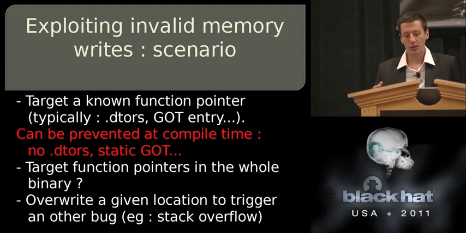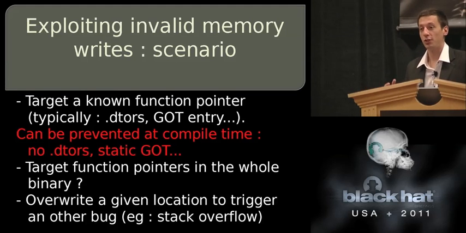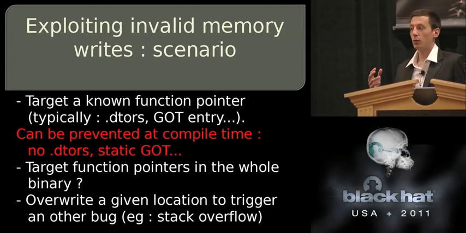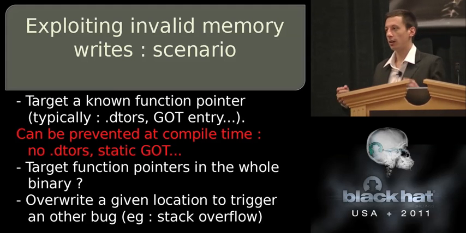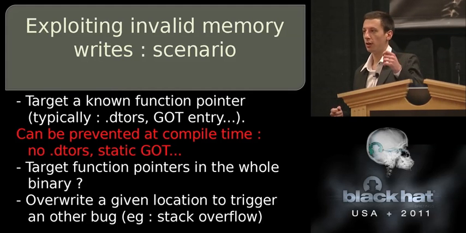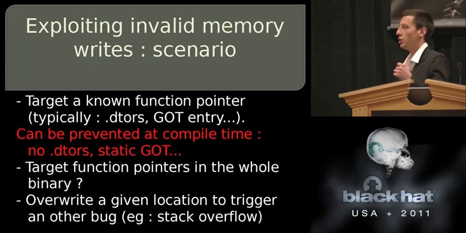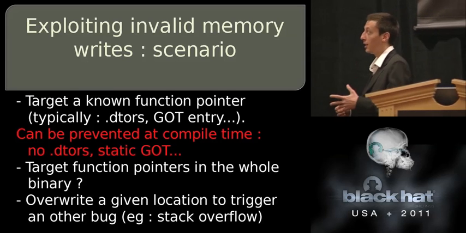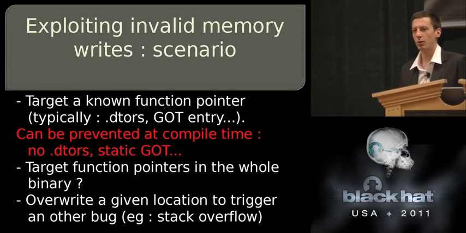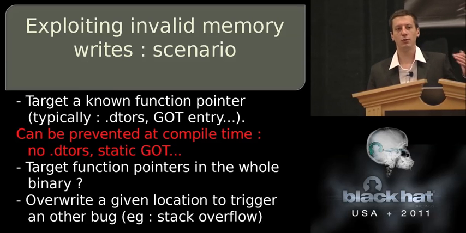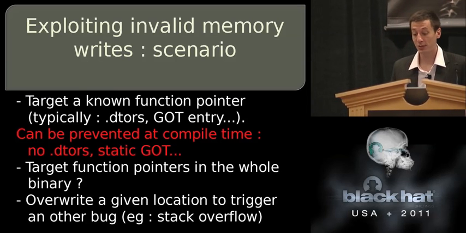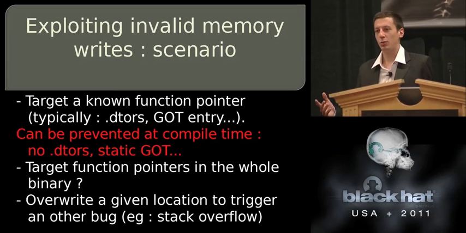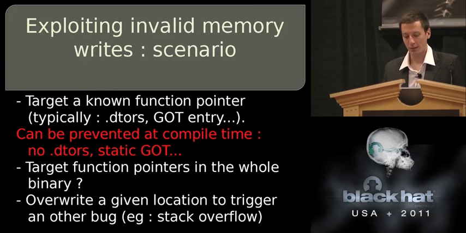Thing is, this takes a lot of reverse engineering. Typically, if you could trigger a bug which creates an invalid memory write, you would probably single step inside your debugger to try to find a dereferenced function pointer. And if the application is pretty big, you'll just never find it. This is not scalable. So we need to find something better.